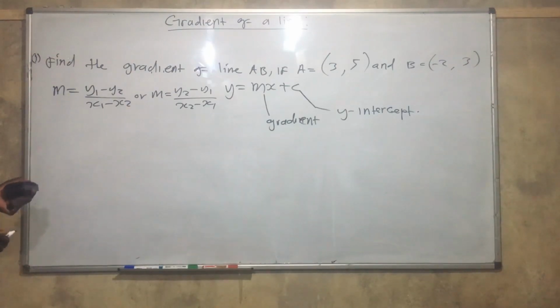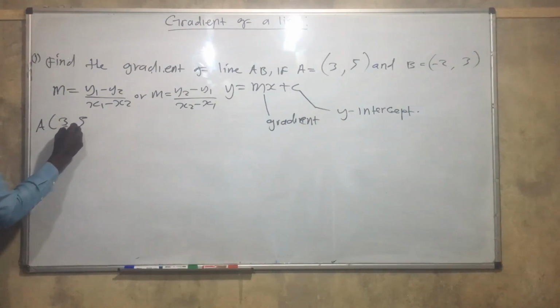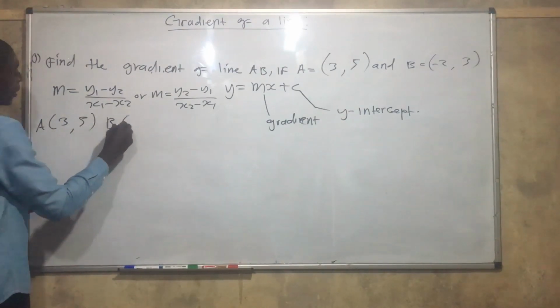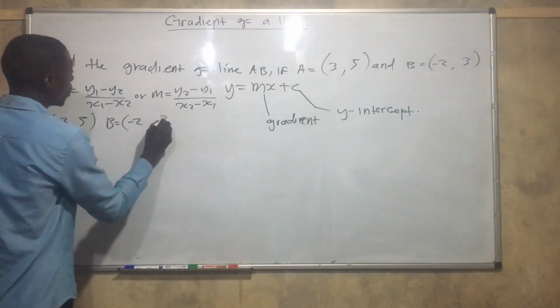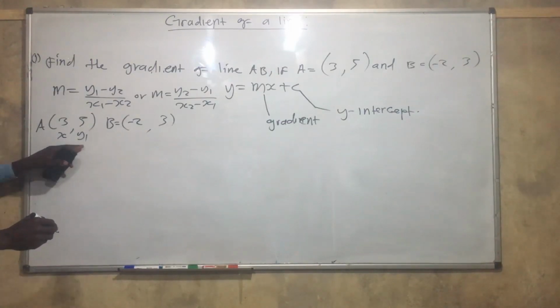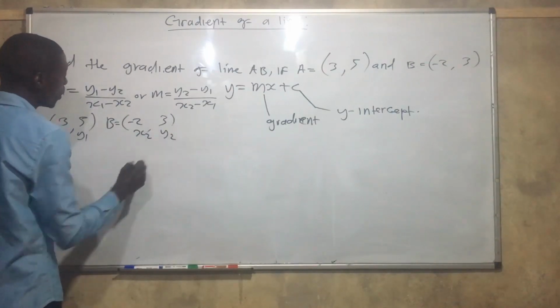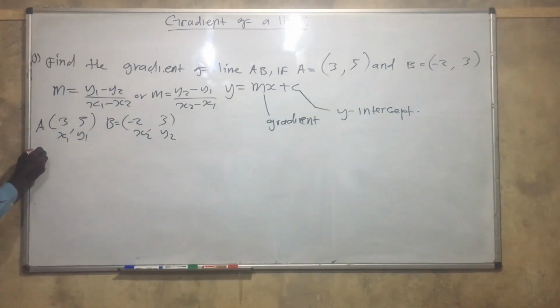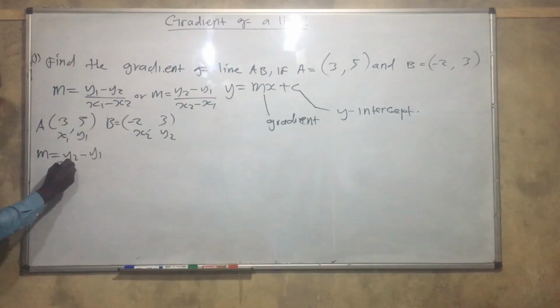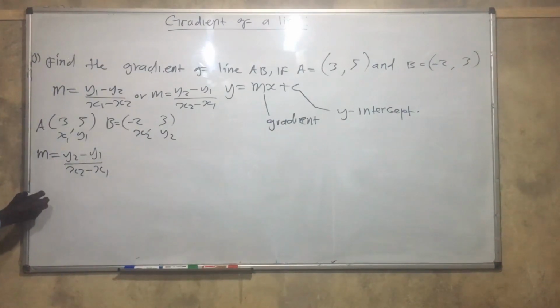Since we have been given the coordinates of A, which is (3, 5), and B, which is (-2, 3), we can name this coordinate as x1, y1, as we know how we write ordered pairs. Then this is x2, y2. So we are going to write the formula, gradient is equal to (y2 minus y1) over (x2 minus x1).